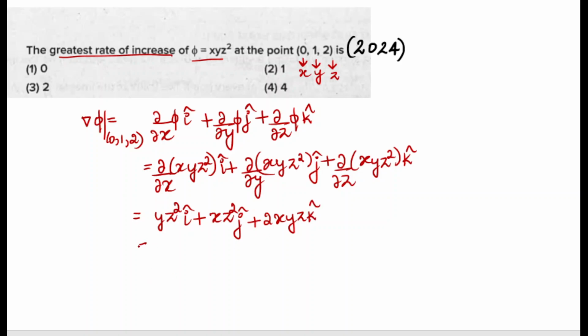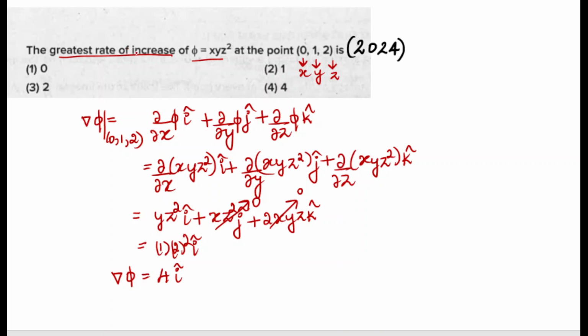Now substituting the value for 0, 1, 2, z square will be 2 square, and x value being 0, the remaining terms will be 0. It will be 4 times i cap. Now we got the gradient of phi at 0, 1, 2 to be 4 times i cap.